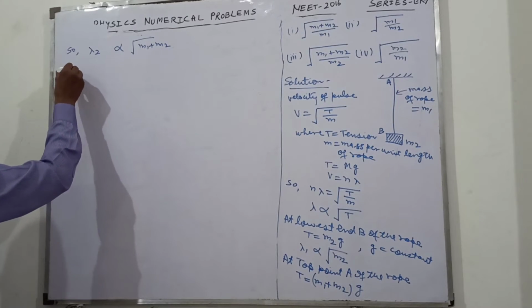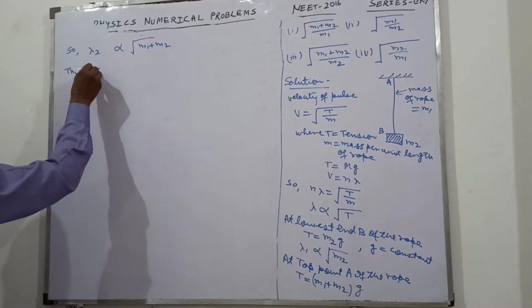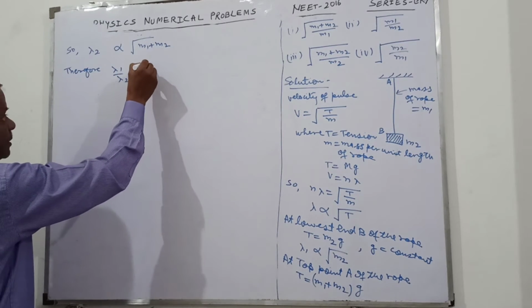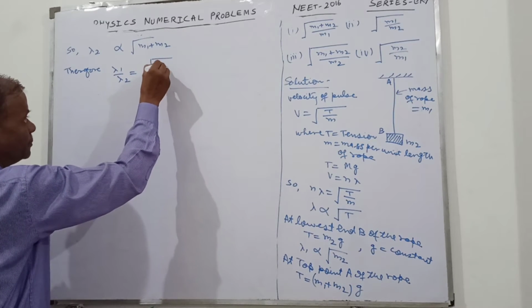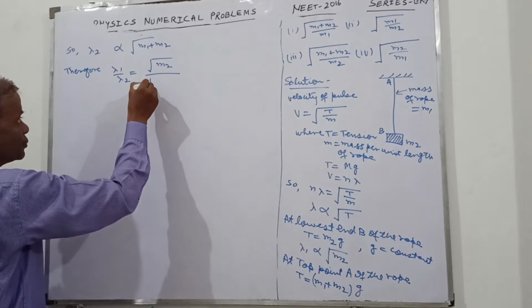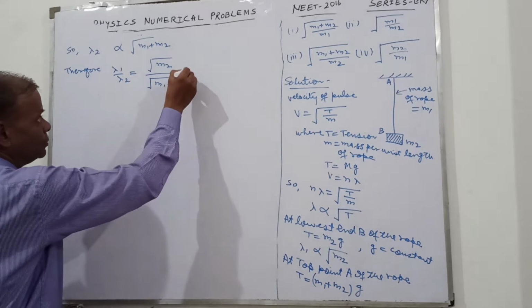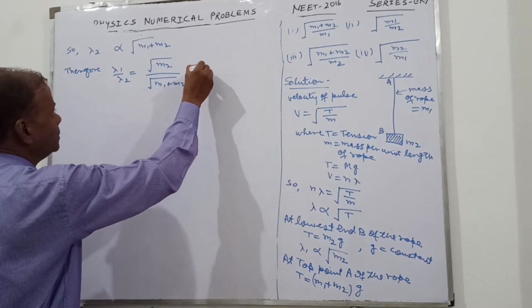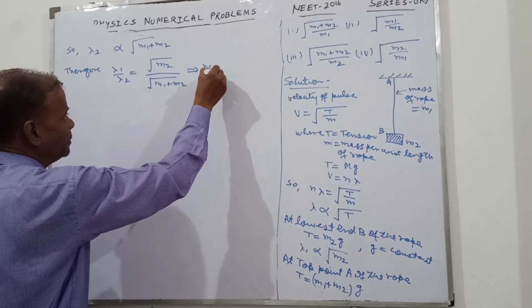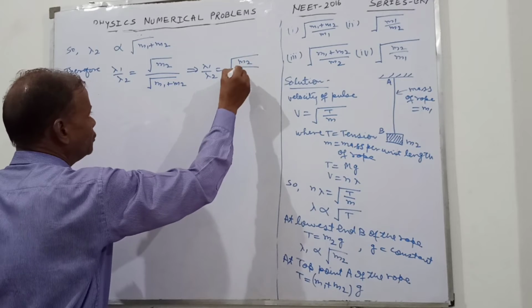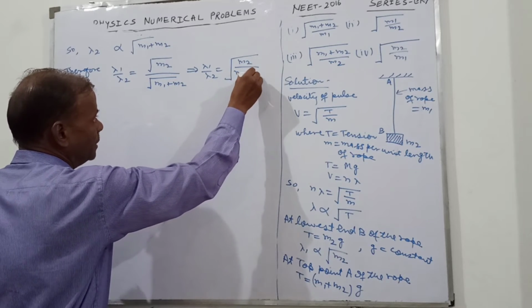Therefore, lambda 1 upon lambda 2: lambda 1 is the square root of m2 and lambda 2 is the square root of (m1 plus m2). So lambda 1 upon lambda 2 equals square root of m2 upon (m1 plus m2).